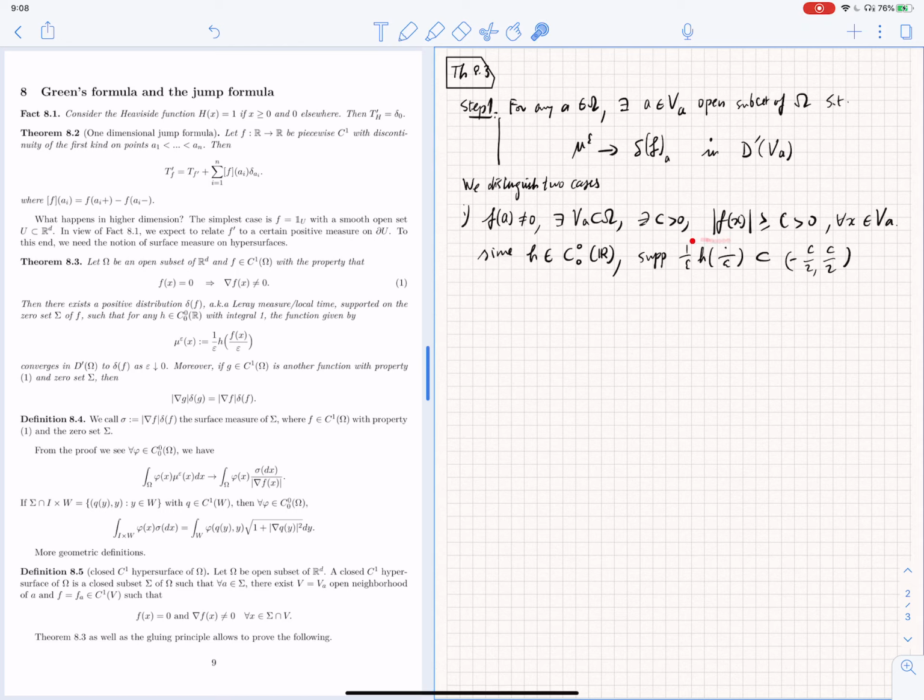So eventually this guy will shrink to the origin if epsilon goes to 0, if the support contains the origin, of course. Otherwise, it just becomes smaller and smaller. In any case, it will be included in the set negative C over 2, C over 2, for all epsilon small.